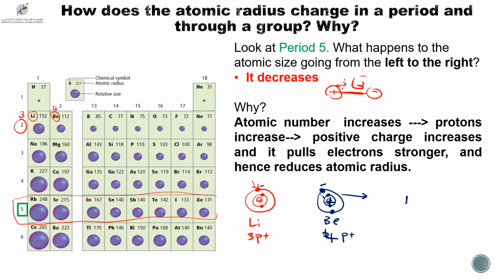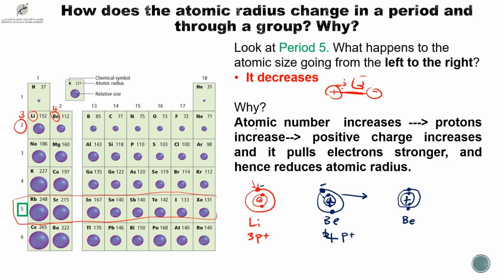Excuse me. You will have a positive charge here. Okay, this is the first energy level, and now this is the second energy level. You will have 2 electrons, and here 2 electrons, and this is beryllium. So الإلكترونات راح تقرب للنواة. The electrons will be closer to the nucleus.